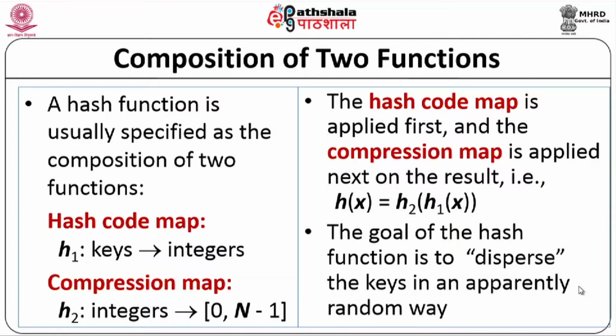The goal of the hash function is to disperse the keys in an apparently random way. Now, we are coming to the properties of the hash function. A hash function is normally a combination of hash code map and compression map, and its function is to disperse the keys randomly in the table. Now, we are going to define the hash functions.